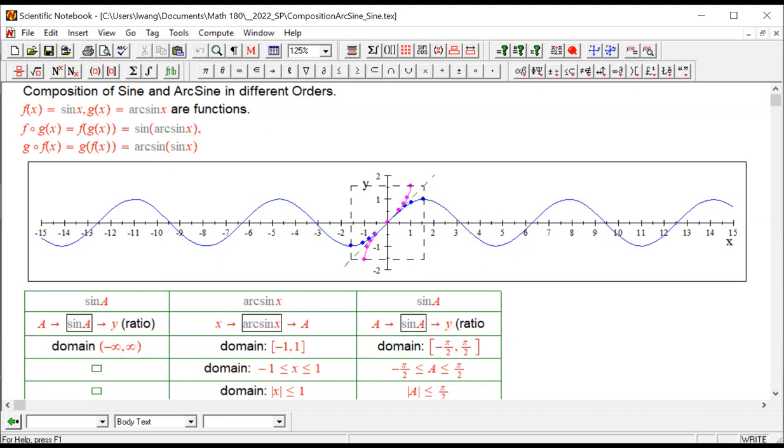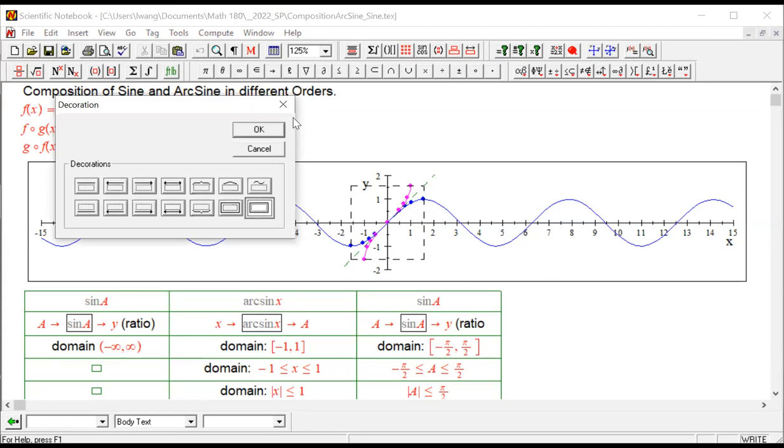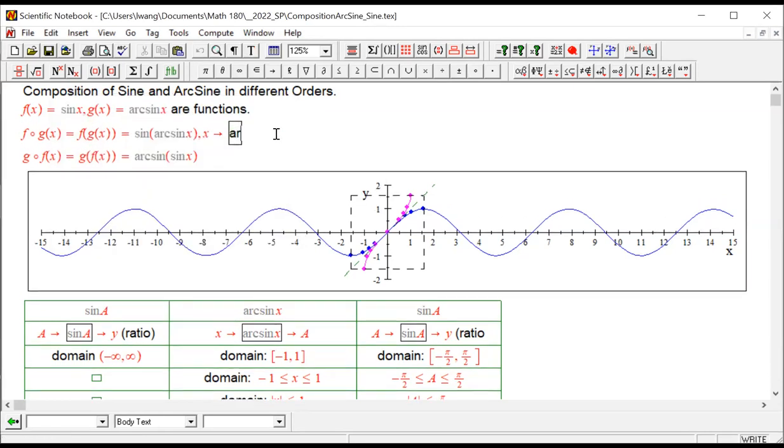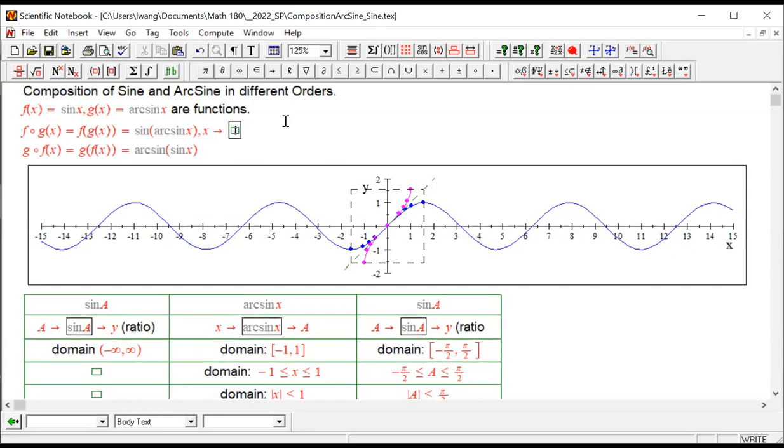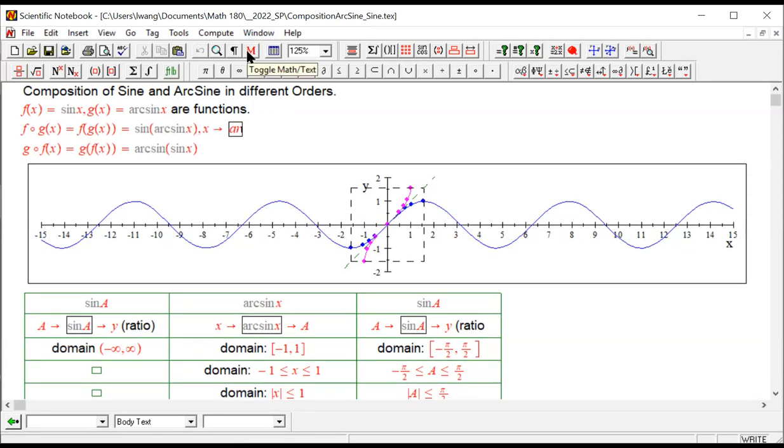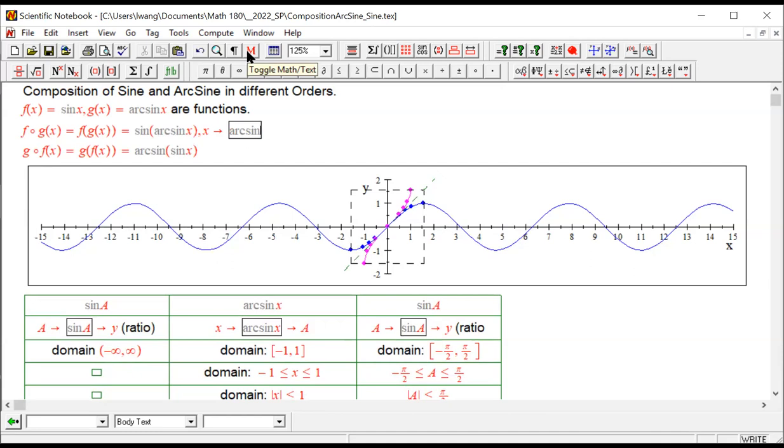So we need to understand, this is also a review, that the input X, so this is the flow. The flow says X is input to arc sine, which produces an angle.